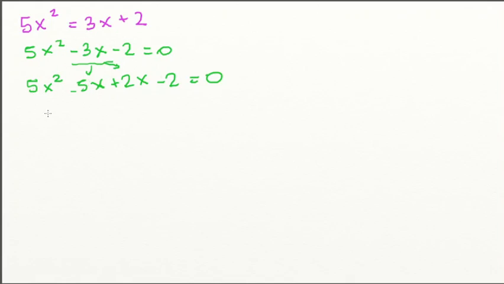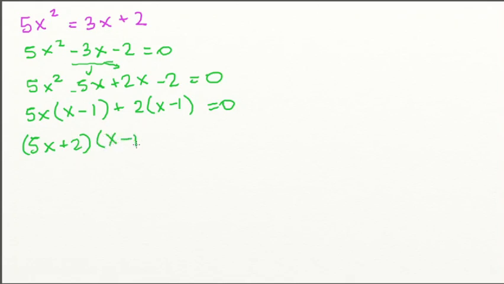Anyway, by splitting the middle term, now we can factorize here 5x, so that's x minus 1 plus 2 x minus 1. And then we have our same factor on both terms, and then we can collect them. So 5x plus 2, x take away 1, right?